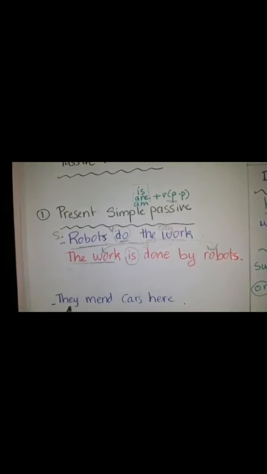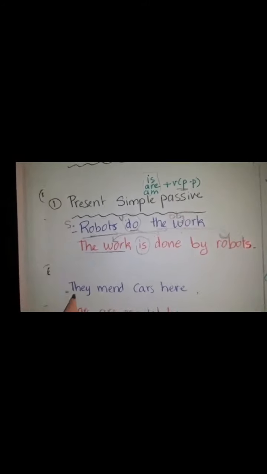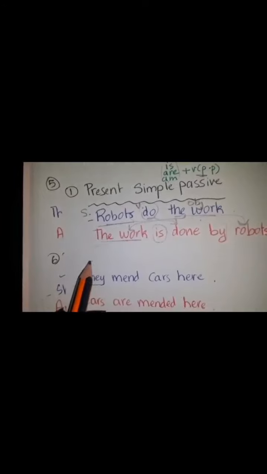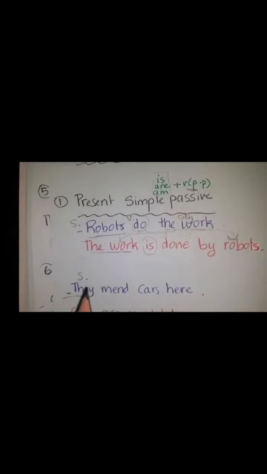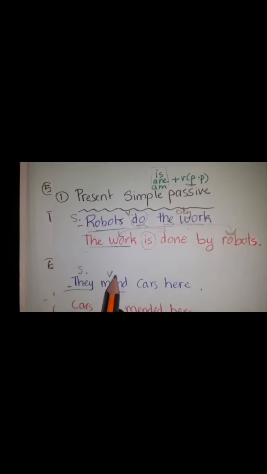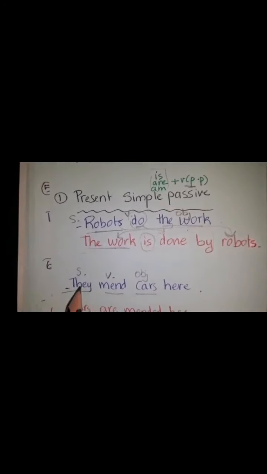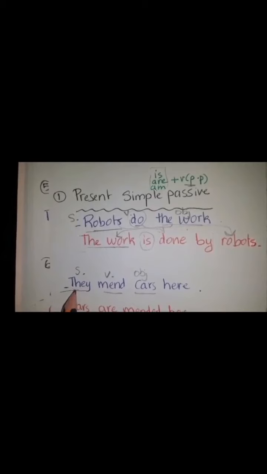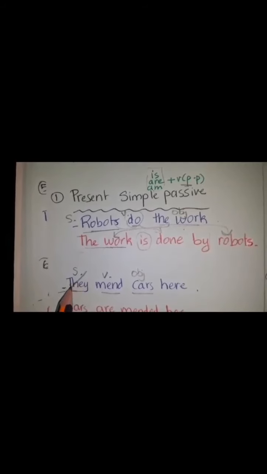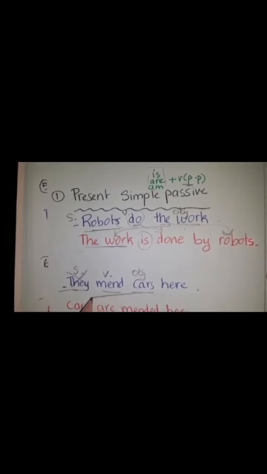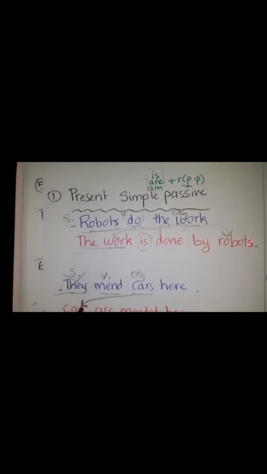Now, 2: They mend cars here. They is the subject. Mend is the verb. Cars is the object. Okay, because they is an unknown subject, let's omit it and move the object to the beginning of the new sentence.